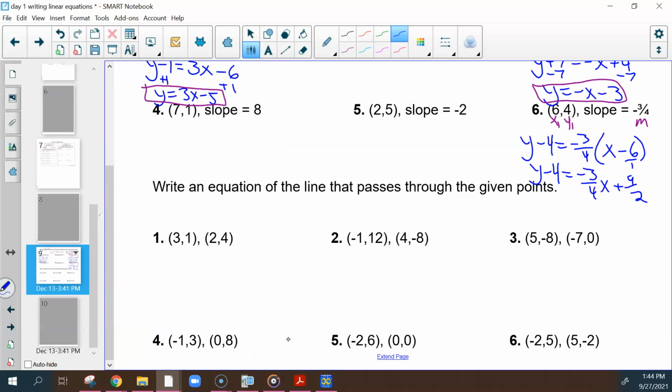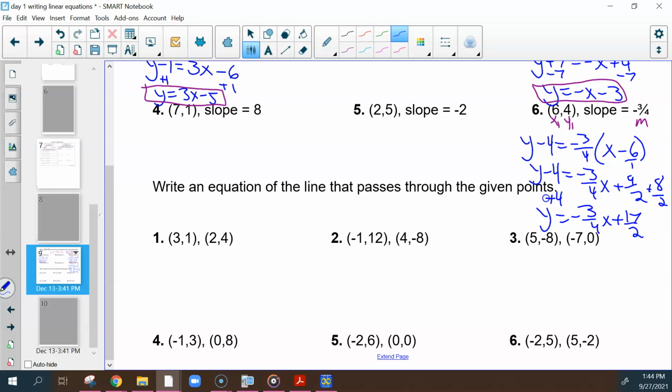And then add 4 to both sides. So doing that algebraically, you would have to get common denominators and add them together. So this would be 8 over 2. We have negative 3/4 x plus 17 halves.